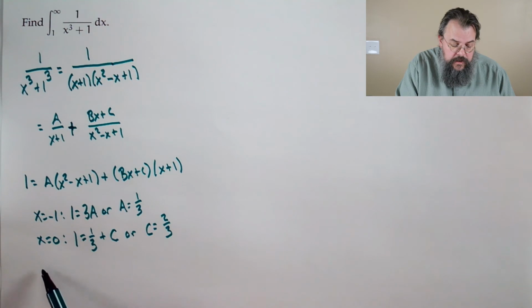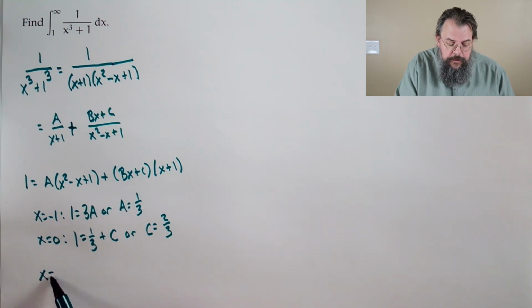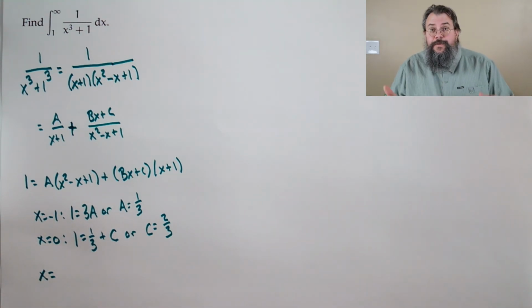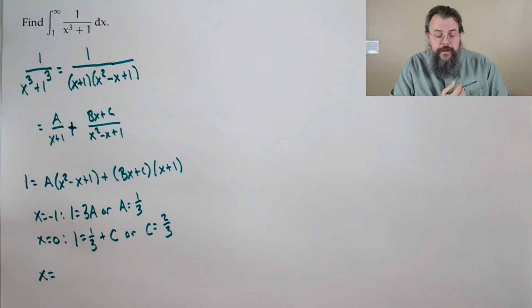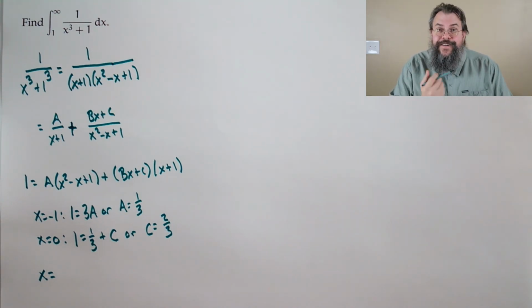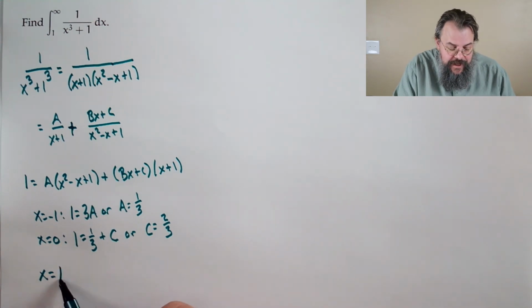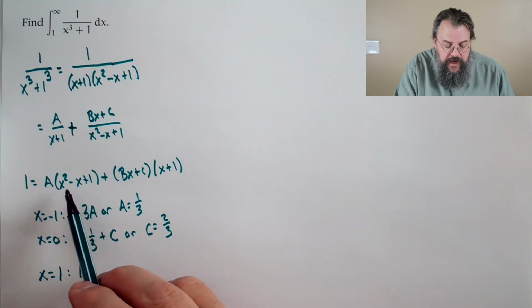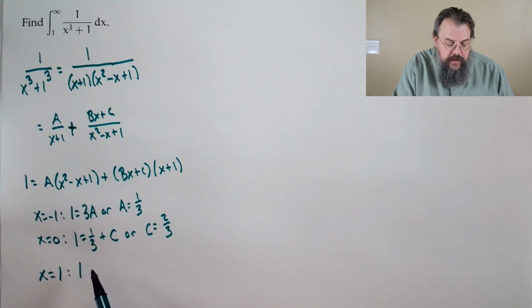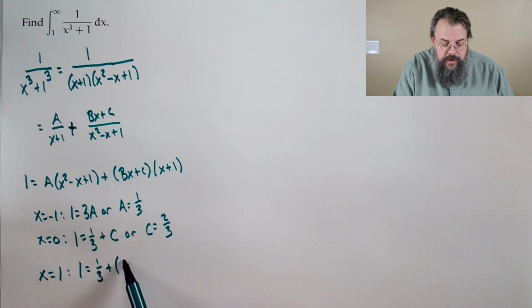All right, well, we know a, we know c, which says we just need to figure out b. So pick any number. Well, let's pick 1, right? 1's a nice number. Okay, so what happens? 1, we get 1 minus 1 plus 1 is 1 times a. So that's a, that's 1/3. Plus b plus 2/3. And then 1 plus 1 is 2.